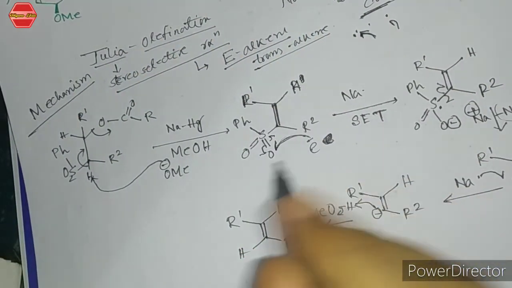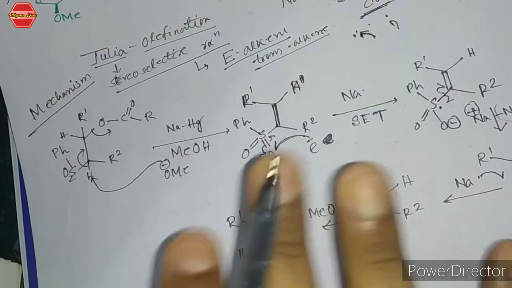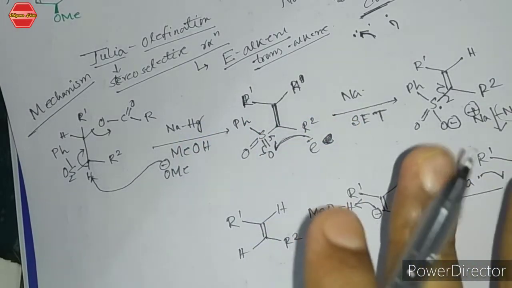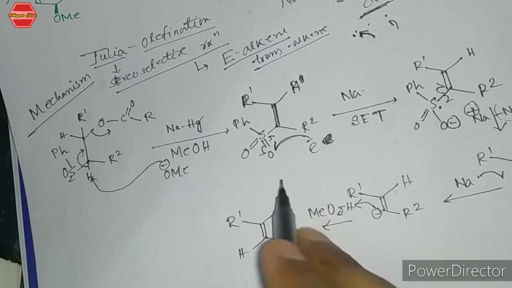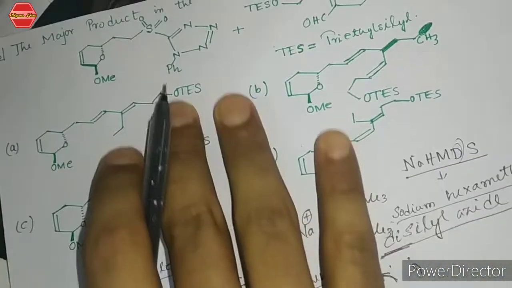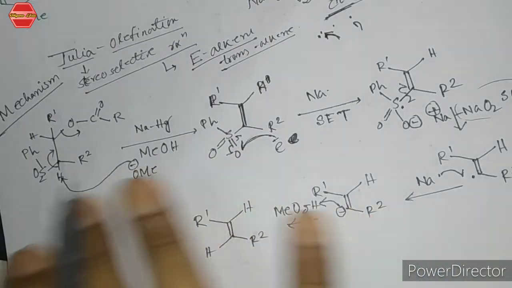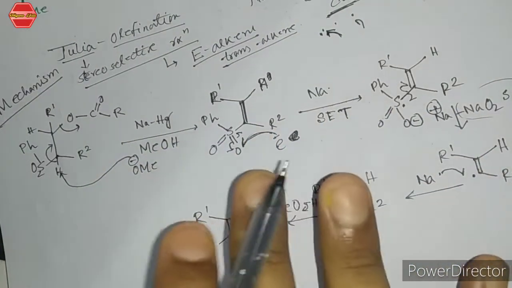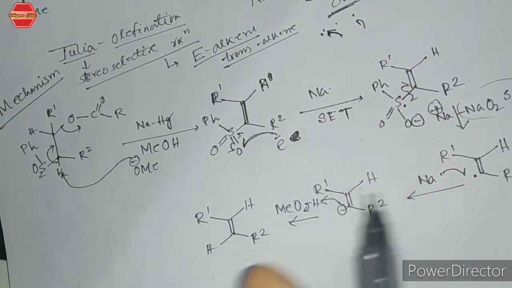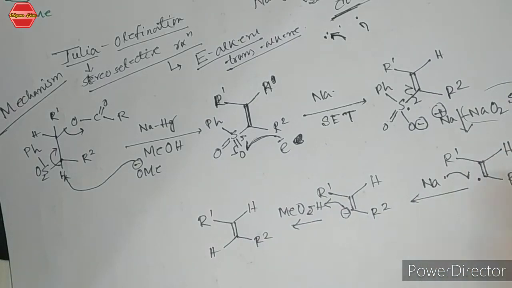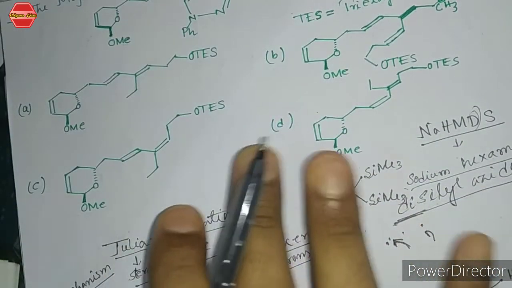Now how can you identify that this is a Julia olefination reaction? So this is one type of condition, and in the question there is also another type of condition. I am discussing only one type here, and after that we will also discuss the other type of structure and questions.